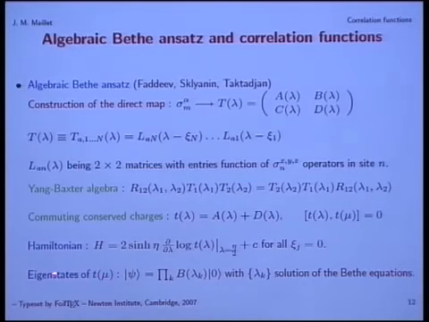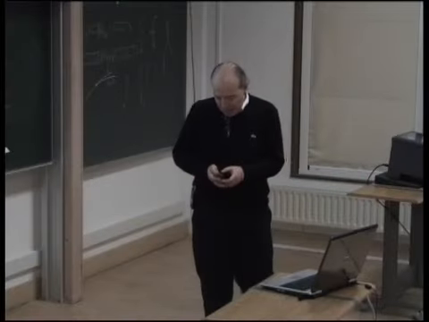So you are looking for eigenstates of T of mu, which is this transfer matrix, for arbitrary value of mu, in the form which is simply the action of the off-diagonal elements of the monodromy matrix onto some trivial reference state. For example, here for this XXZ spin chain, it's just the state where all spins are up. So this is a crash course on algebraic Bethe ansatz.